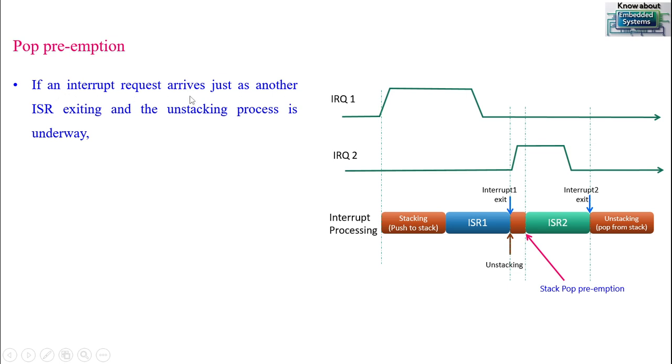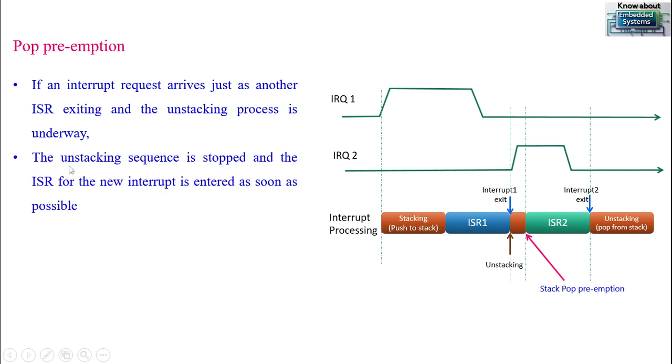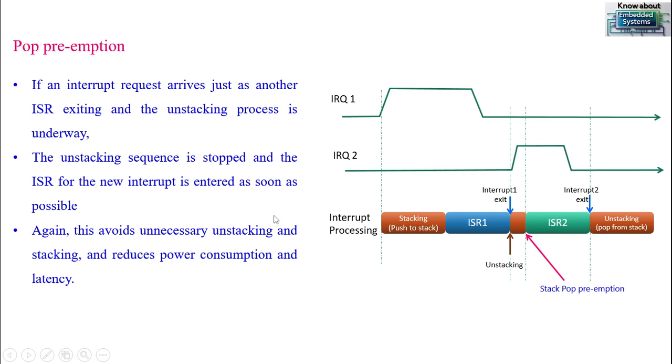If an interrupt request arrives just as another interrupt is exiting, upon exiting the first interrupt at this position, if any other interrupt occurs, the unstacking sequence will be stopped, and the processor will go to the ISR and execute ISR2. So by performing stack pop preemption, we can also increase the execution speed. This is the third scenario of tail chaining.